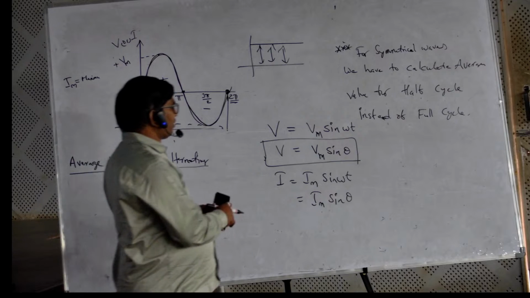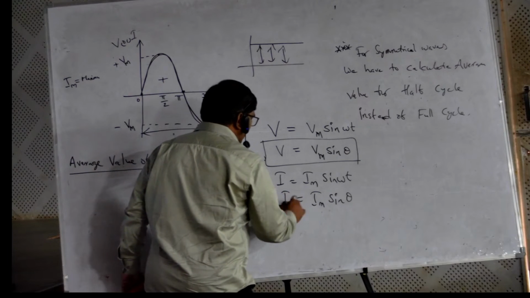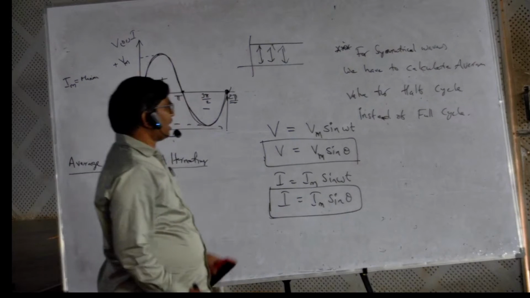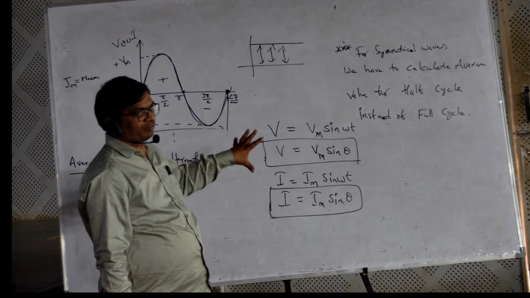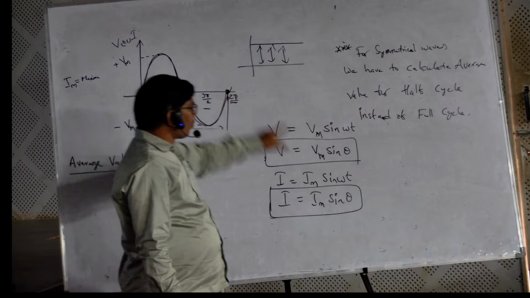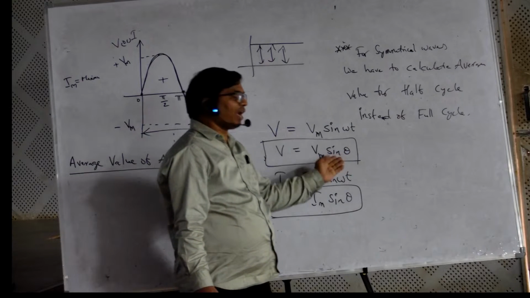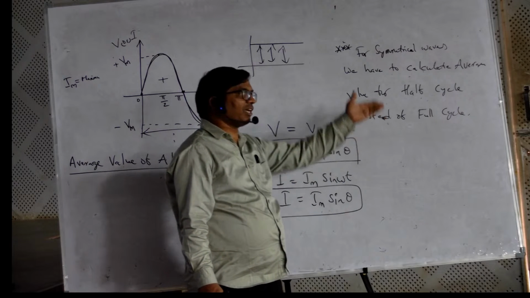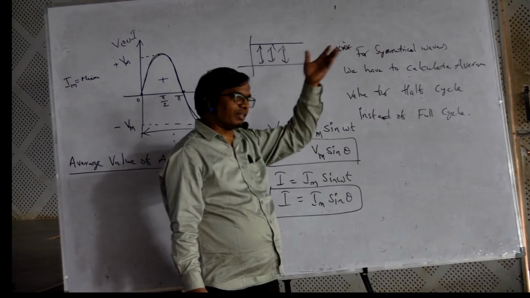So the general representation of any voltage or current can be written as Vm sin omega t. This waveform is not only up to 2 pi, it has omega t, theta. Theta you can substitute as 0, 90, 180, 270, 360, 400, 500, 600.